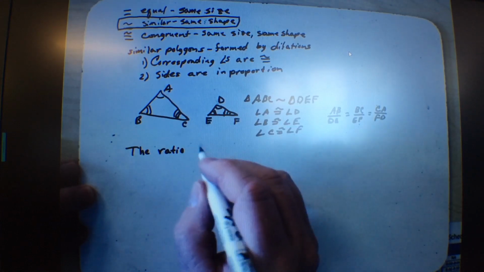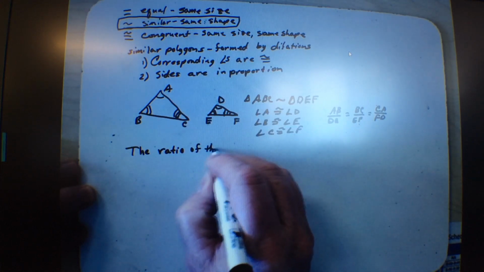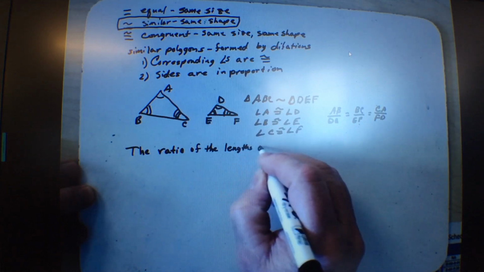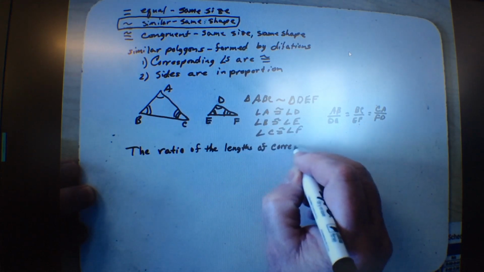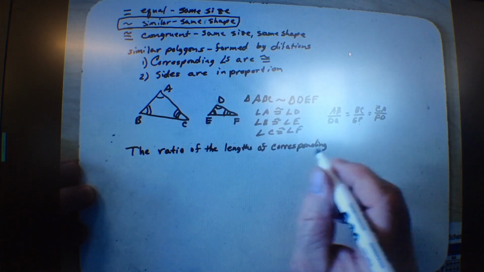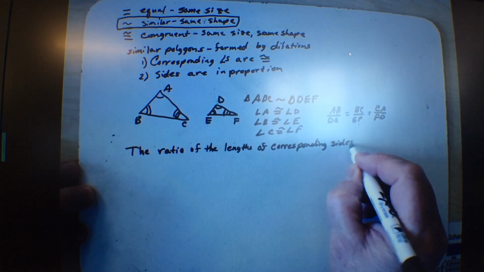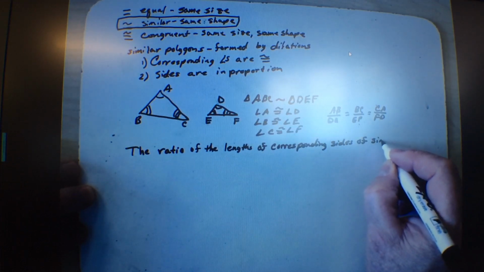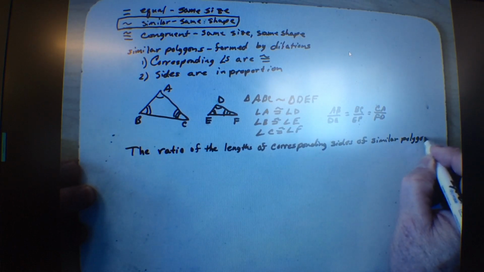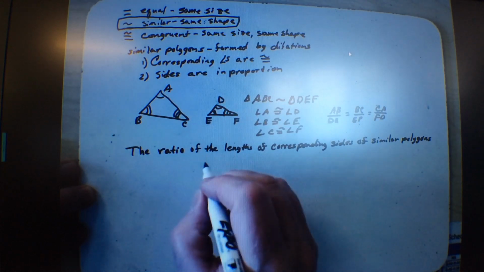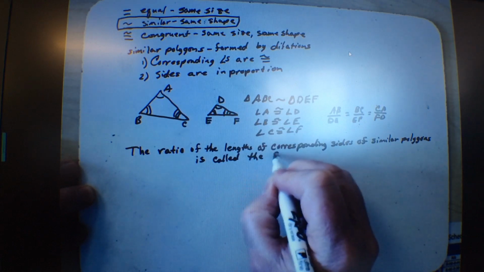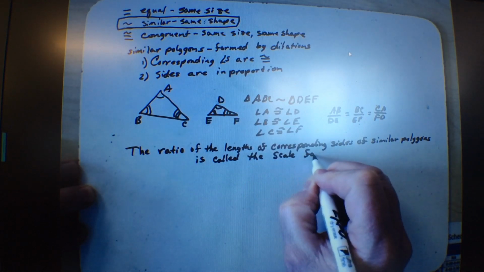The ratio of the lengths of corresponding sides, so the fraction, of similar polygons is called the scale factor.